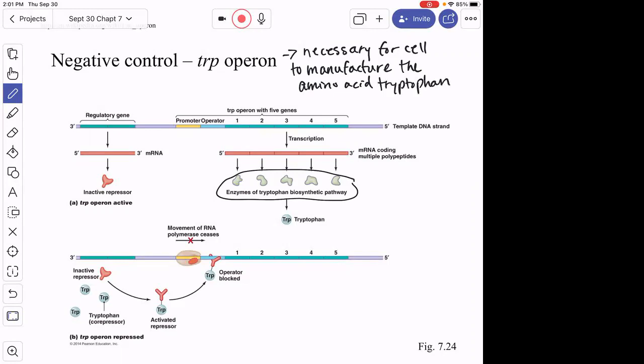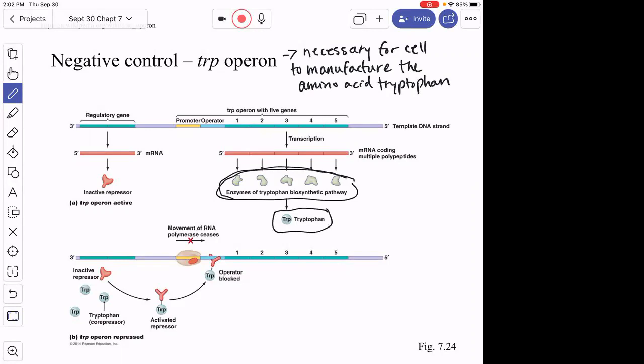That's an amino acid that the cell usually needs, so that pathway is usually going to be on. Once it makes those enzymes, the cell can manufacture its own tryptophan.